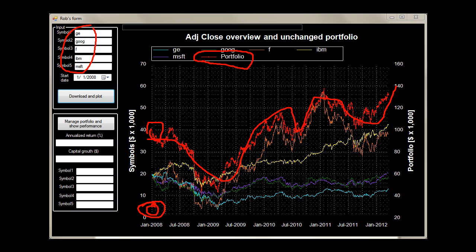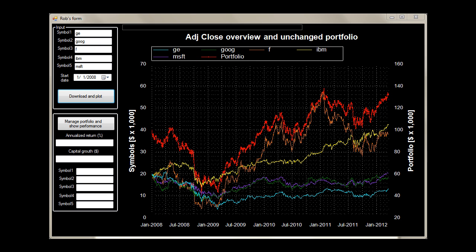The second thing that needs to be done is, when we take a look at the span of data that we have here, what was the average annualized return? That needs to be displayed here. Also, capital growth. The last programmer and I just said, let's say we have a hypothetical 100,000 American dollars. What would have been the profit?